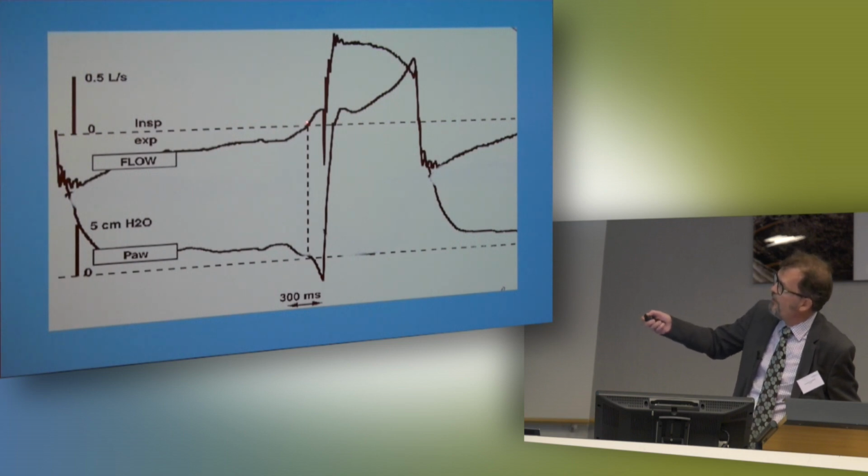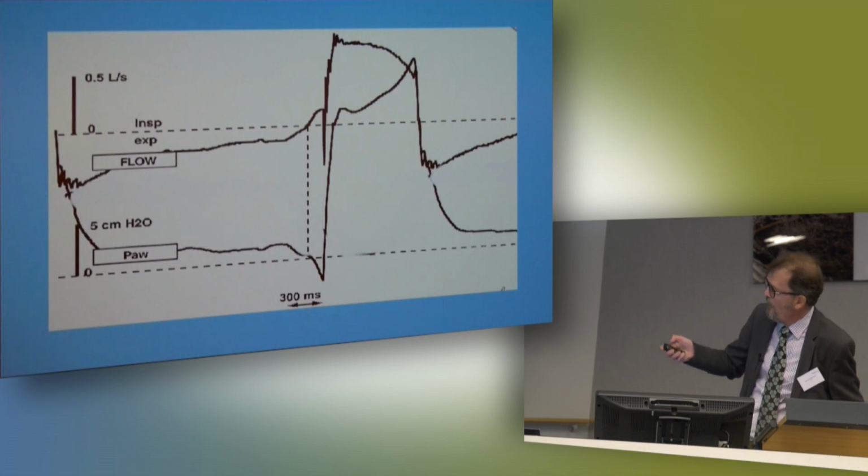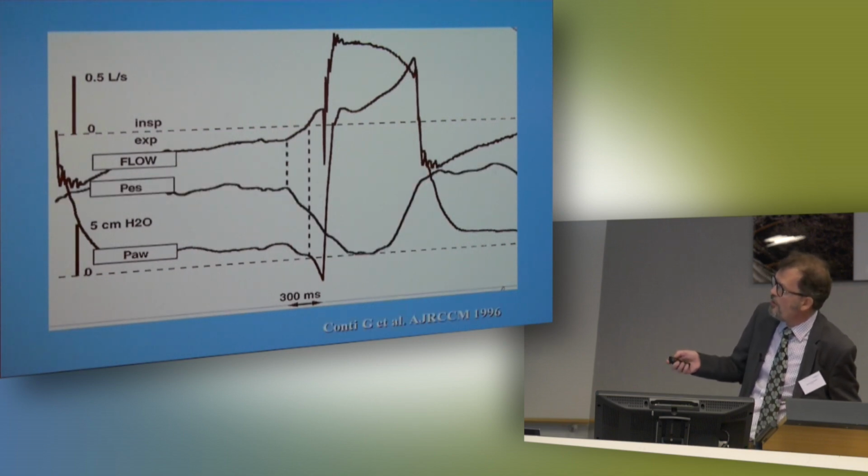So this is expiration, this is inspiration. And when you superimpose the esophageal pressure on this tracing, you see when the patient is starting inspiratory activity, he's starting far before he receives any pressure support.